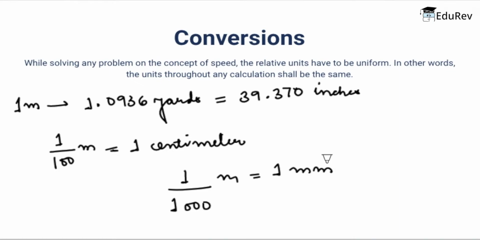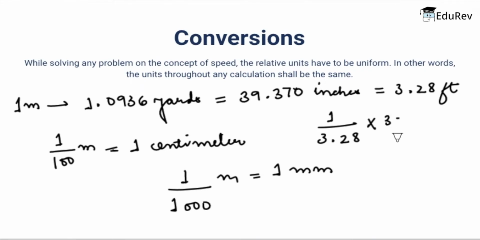Now we can easily make conversions from one system of units to another. For example, if a man covers 30 feet in 10 seconds, then what is his speed, say in meters per second? We know that 1 meter is equal to 3.28 feet. So we can write that 30 feet equals 1 upon 3.28 into 30, and this is going to be 9.146 meters.